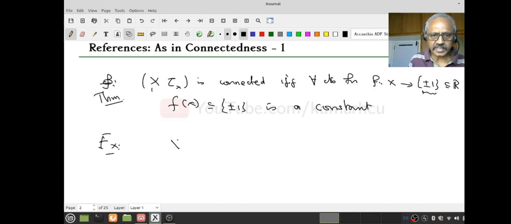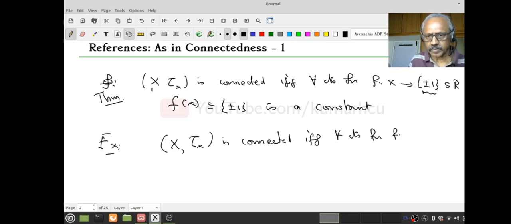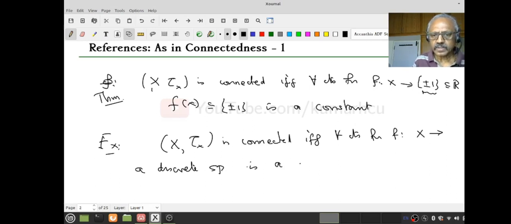So I will say (X, tau_X) is connected if and only if every continuous function f from X to a discrete space is a constant.